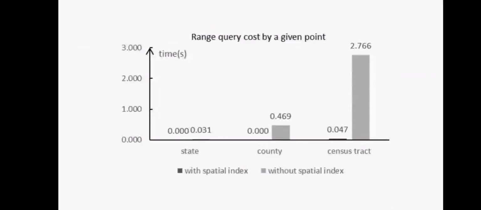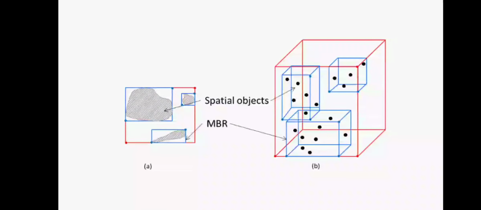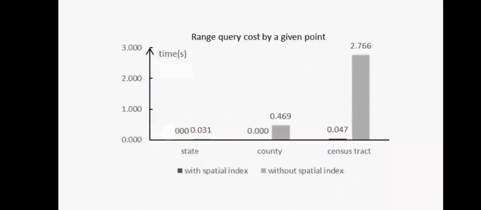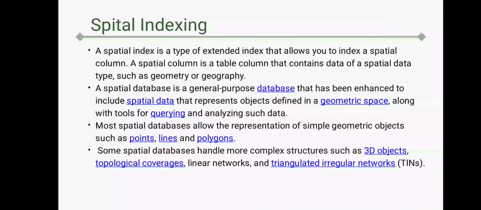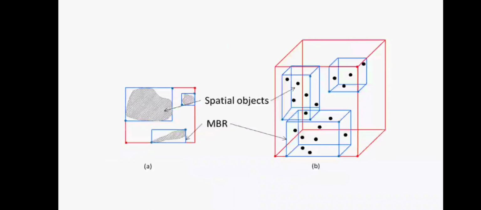So we will see a range query, given points. This will tell you about the state, country and census tract of the cities, and it is represented with points, lines and polygons. See, the geographic location is indicated with points, lines and polygons.